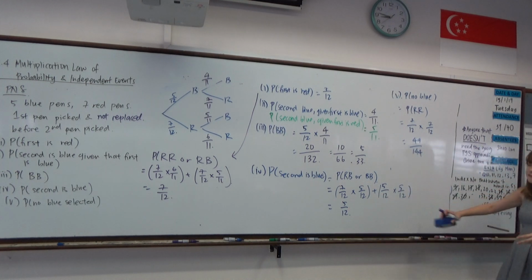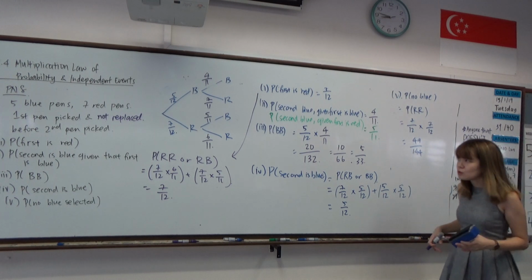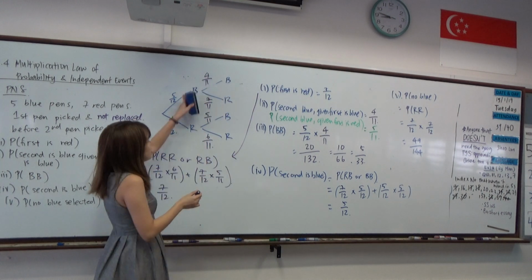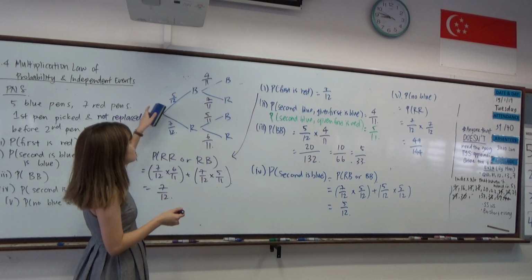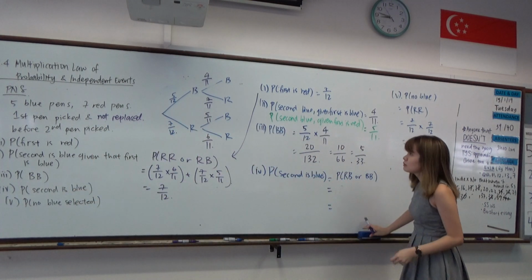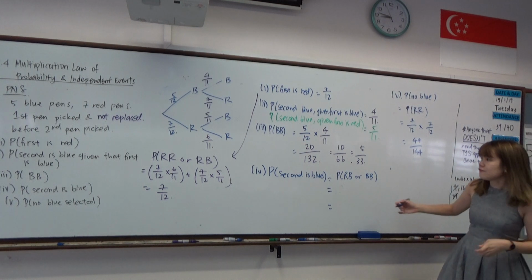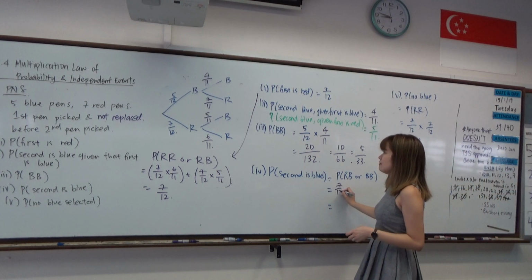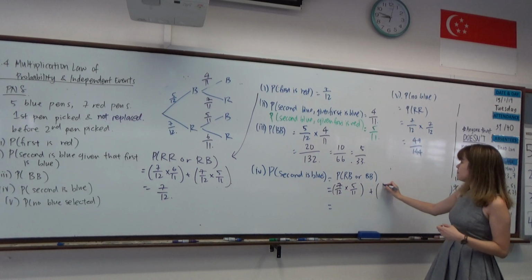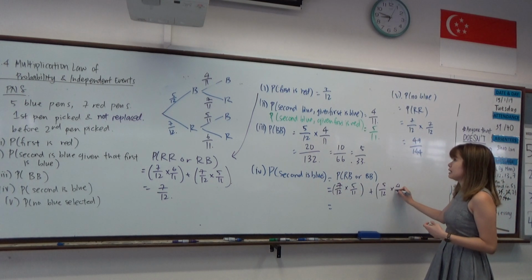Then for part 4, which was our issue just now, probability that the second one is blue. If I were to just take the probability, it will be different already. So we will actually have to do our calculation for these two cases. It will be red then blue first, so that will be 7 over 12 times 5 over 11, plus blue then blue, which will be 5 over 12 times 4 over 11.